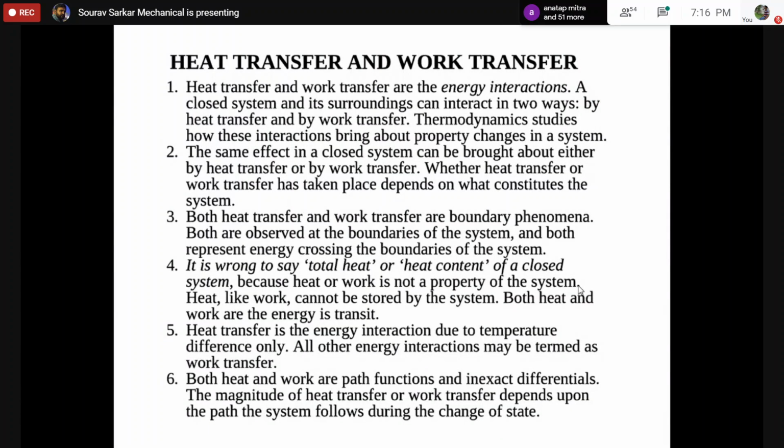Suppose I have the integration of dv from 1 to 2. If I write it as v2 minus v1, it is called an exact differential. But if the integration of dv cannot be written as v2 minus v1, it is called an inexact differential.